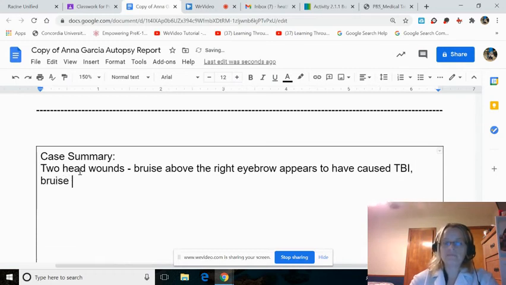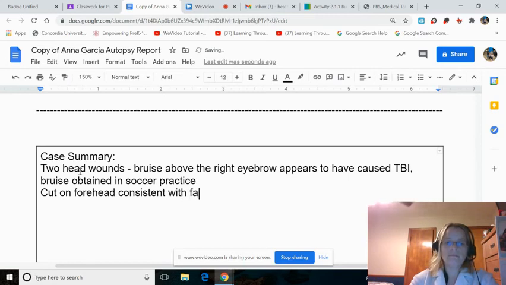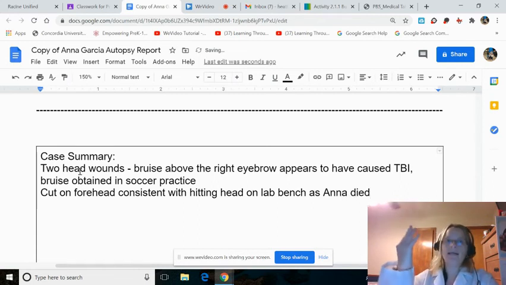Bruise obtained in soccer practice. Cut on forehead, consistent with hitting head on lab bench as Anna died. So she died and then she fell and she hit her head.